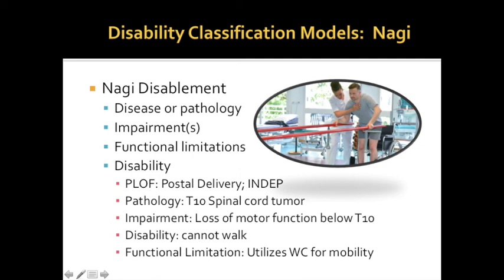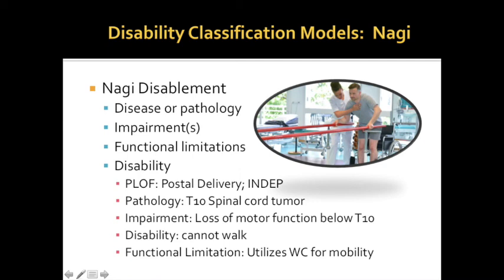The Nagy model is the typical model for clinical practice. It goes essentially like this: the pathology produces pain and impairments, and those pain and impairments will lead to functional limitations, which leads to disability. There are a lot of words up on this slide, and we need to discuss them.